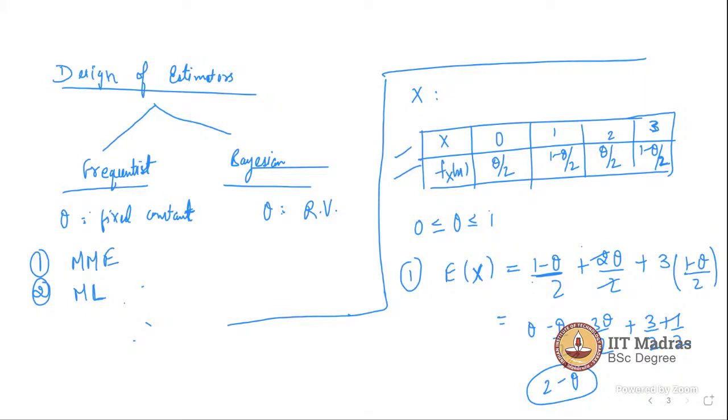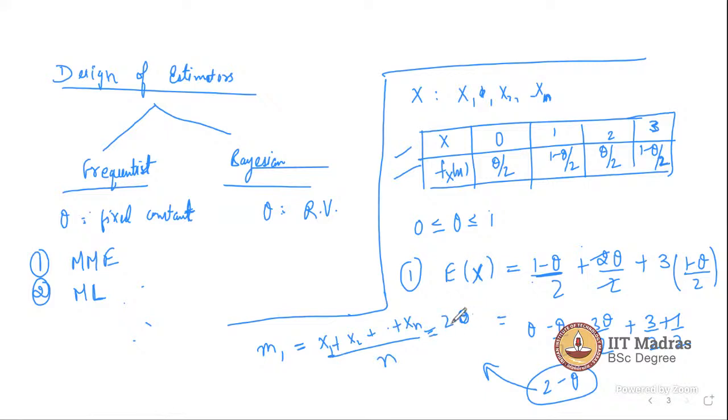Now, if we have observed a few samples, let's say x1, x2 up to xn, we equate this expected value of x to m1. m1 was nothing but the sample mean. So I will substitute the expected value of x by the sample mean: (x1 plus x2 plus up to xn) by n equals 2 minus theta.